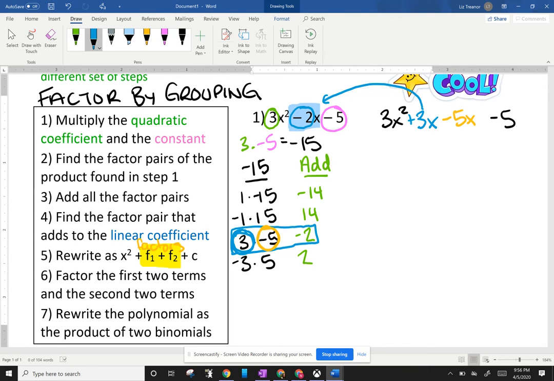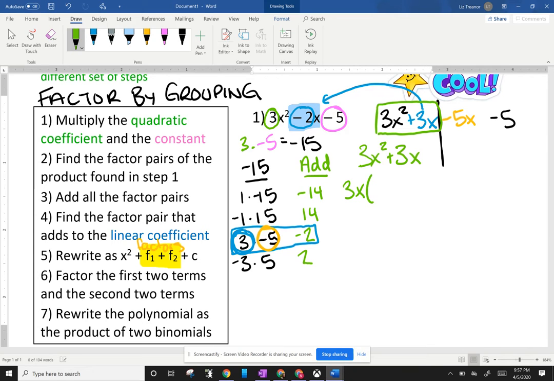So let's go to step number 6. It says factor the first 2 terms and the second 2 terms. So that wants us to factor these separately. So first, take the first 2 terms, 3x squared plus 3x. And we want to factor something out of this. So we're going to factor out the GCF here. In this case, both terms have a 3, and both terms have an x.